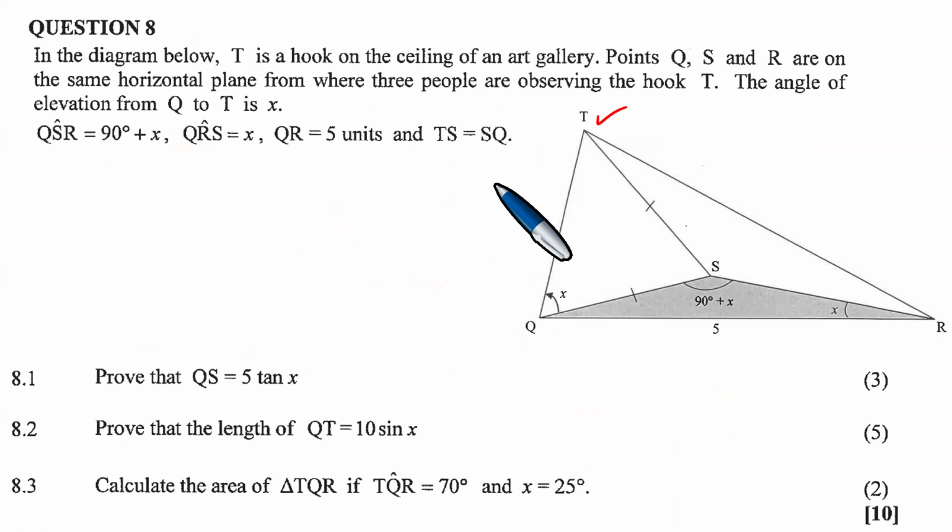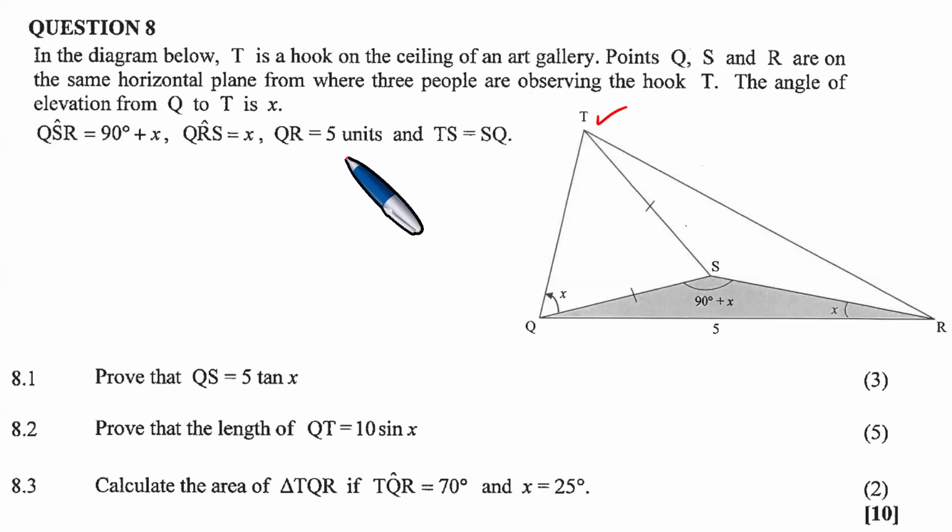In the diagram below, T is a hook on the ceiling of an art gallery. Points Q, S, and R are on the same horizontal plane.